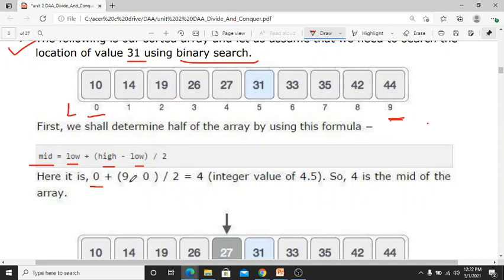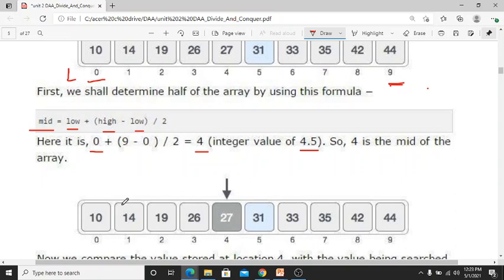So 9 divided by 2 is 4.5, but we will take 4. Most of the time, 4.5 you take as 4 only, don't take 5. In most examples, whatever value you get as 4.5, we take the floor value only, not the ceil value.